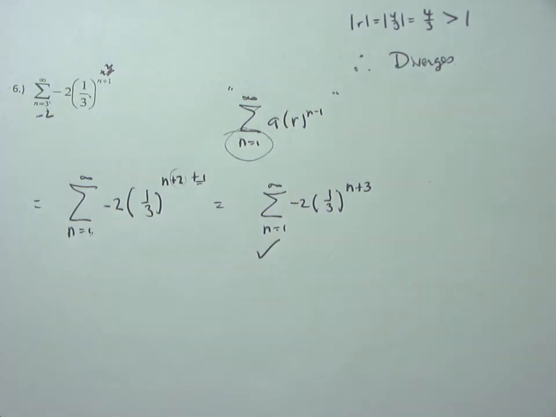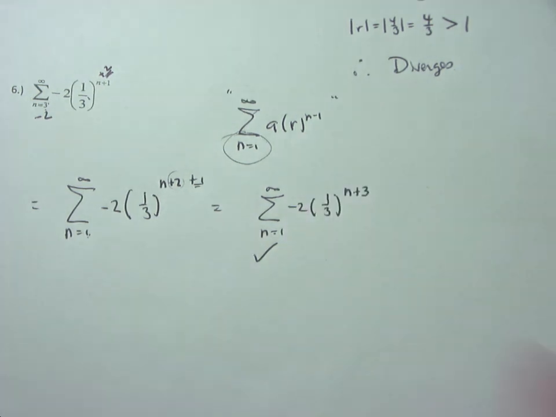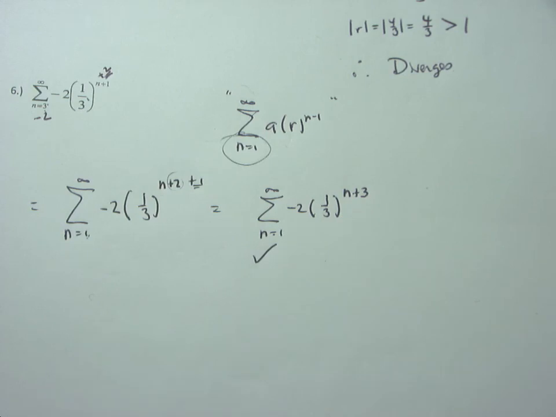Now I've got to focus back on my sequence part. What power do I want on my r? I want an n minus 1 power. That's what the formula says. But what power do I have? I've got n plus 3. I've got too many again. My question to you guys is this. How many too many do I have? How many do I need to pull off? I've got n plus 3.